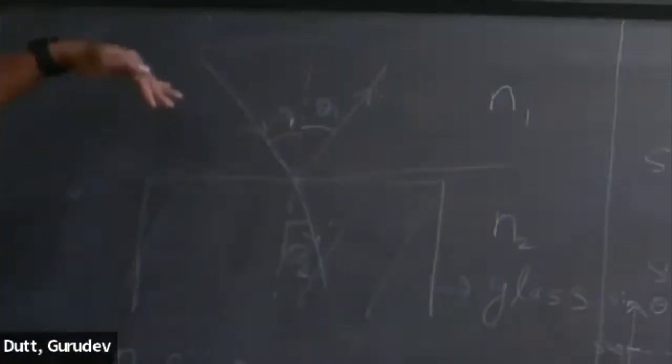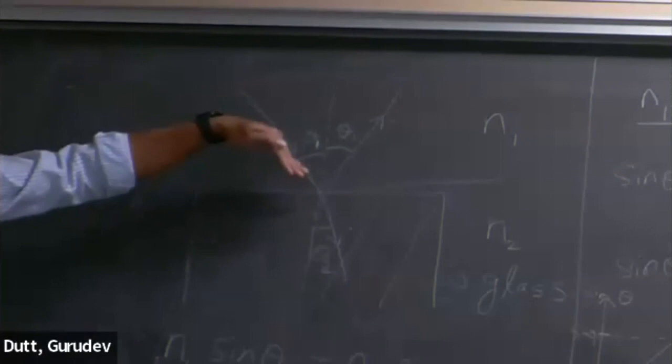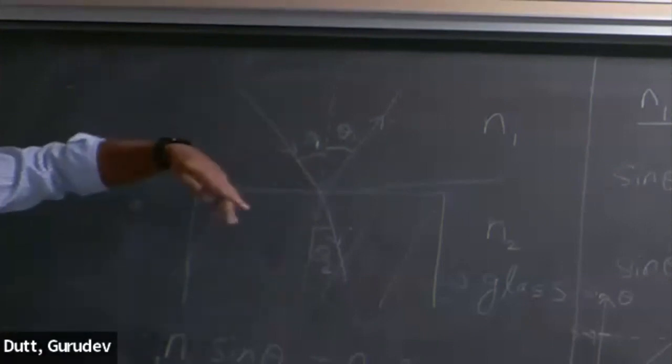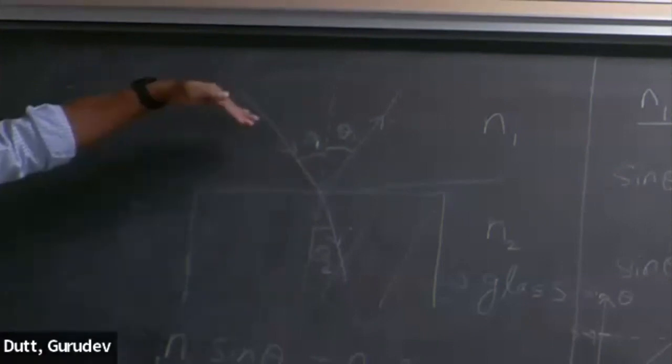And what that means is that theta 2 is always lesser than theta 1 for n1 lesser than n2, so the refracted ray bends towards the normal. It makes a shallower angle with the normal than the incident beam. So we also say that the refracted ray bends towards the normal. That will be a common terminology that you might see.